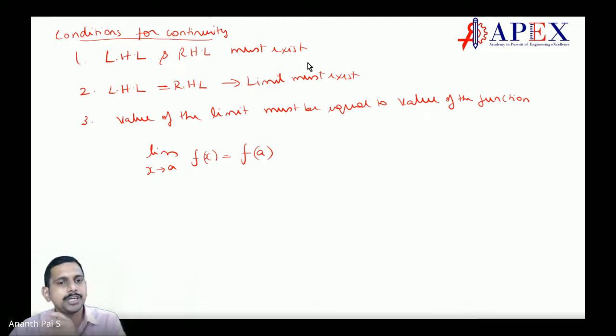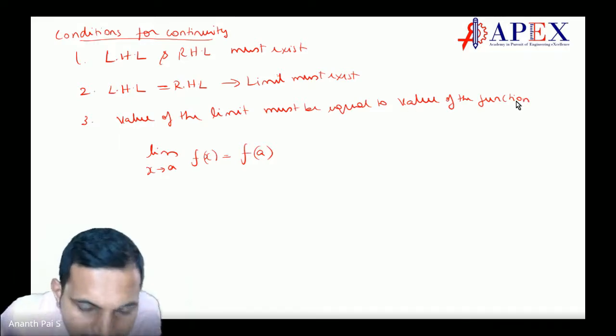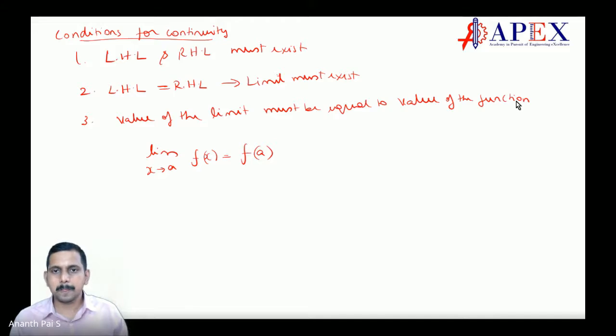If left hand limit is equal to right hand limit, only then does the limit exist, is it not? Then the value of the limit should be equal to the value of the function. Make sense? This is very, very important, students, in industry, in the real world. It is very important.